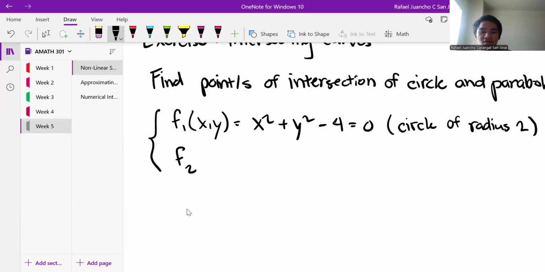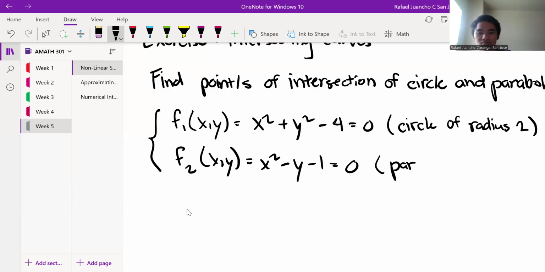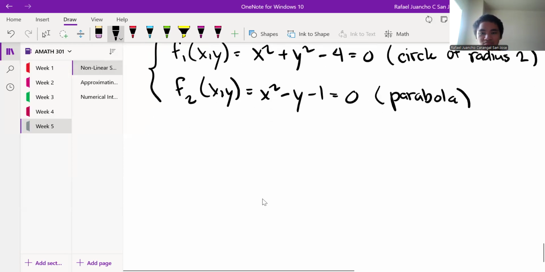And then I'm going to get another function here. This is going to be x squared minus y plus 1, or actually minus 1, is equal to 0. This is a parabola. Okay.